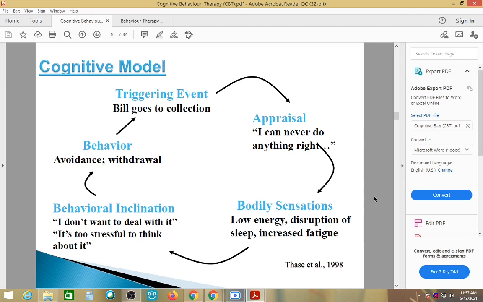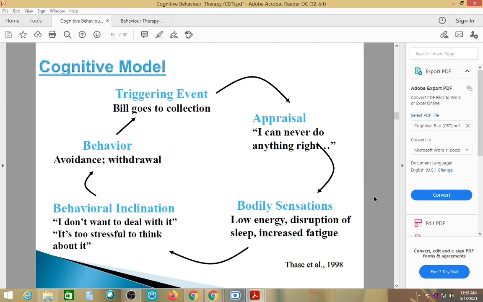Low energy, disruption of sleep, increase in fatigue. So definitely this will influence. I don't want to deal with it, I don't have energy, I don't want to do it. But then you will find it's too distressful to think about it. So the behavioral inclination will be there. Because you already have this thinking, what happens? You will avoid, you will withdraw, you will not do it. So that gets manifested in our behavior.